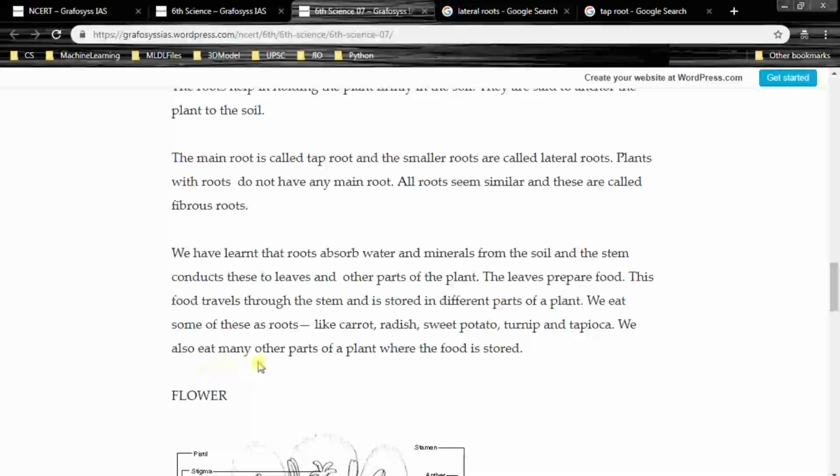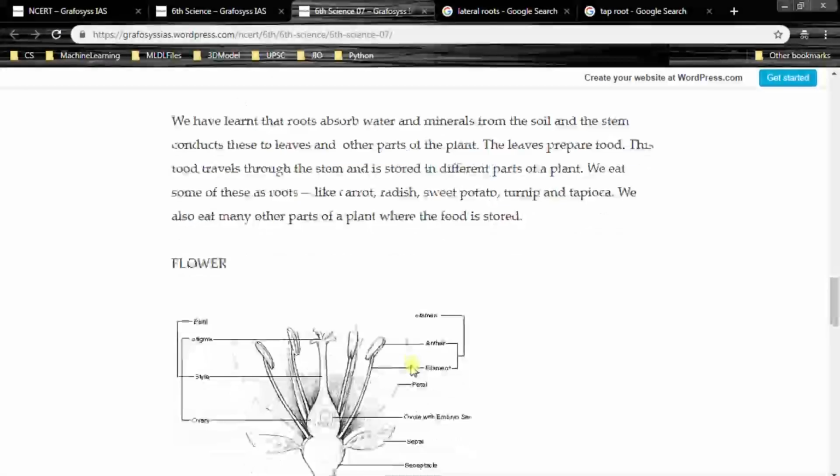We also eat many other parts of a plant where the food is stored. We use some roots like carrot, radish, sweet potato, turnip, etc.